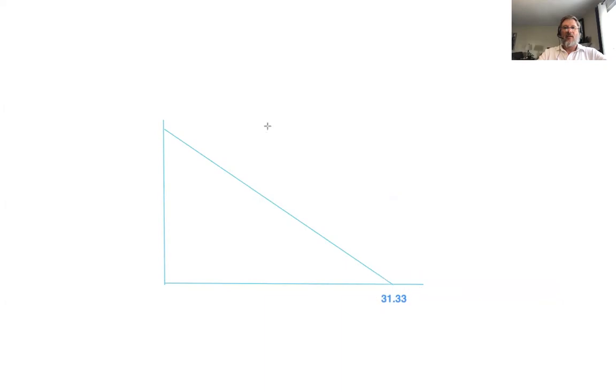And I'll put a little dot there. And then our other one was 10.43. Yeah. And so I'm gonna put that here, 10.43, and I'll move it over there.